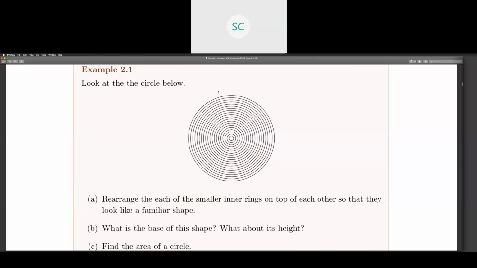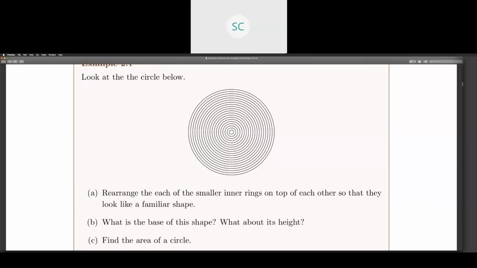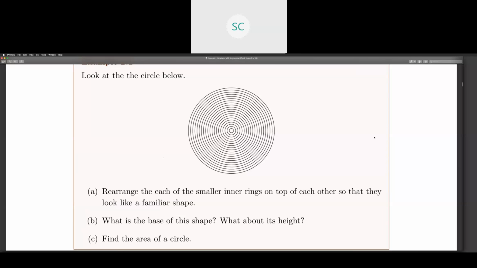Okay, great. So I'm going to let you guys do this, and you'll see a sort of elementary proof for the area of a circle. Go ahead and look at the steps and try to follow them to find the area of a circle. If you're having any trouble, just type it in chat and I'll help you.